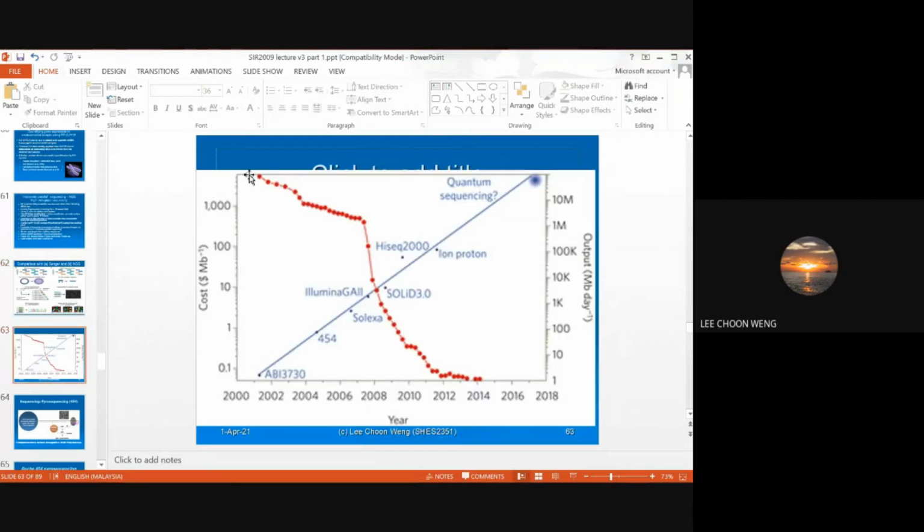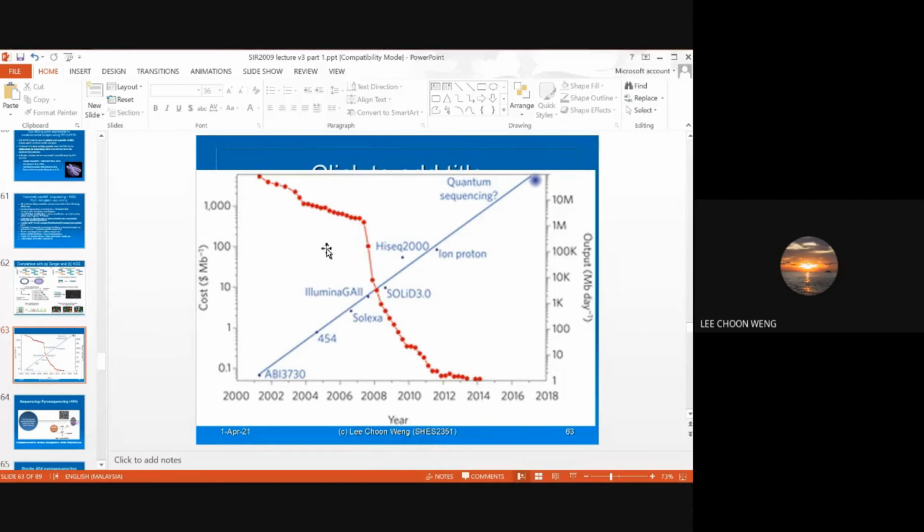So you can see clearly that the cost per base pair has dropped tremendously. The ABI 3730 is still the one that utilizes capillary Sanger sequencing. Even after Roche 454, which is supposedly an NGS, next generation sequencer, the price still didn't drop that much because the cost of the consumables was very high.